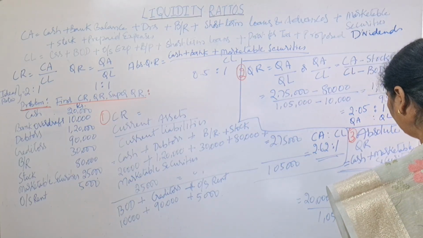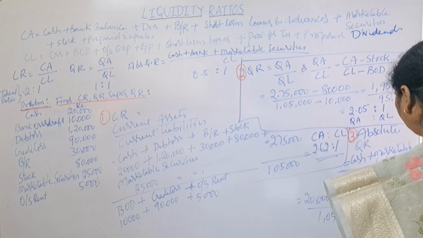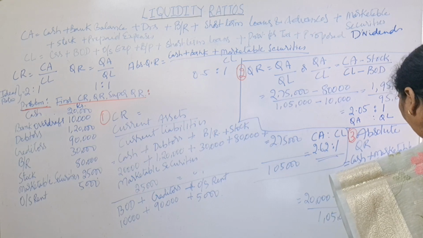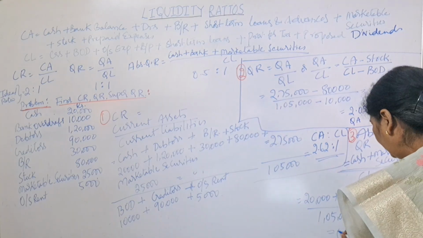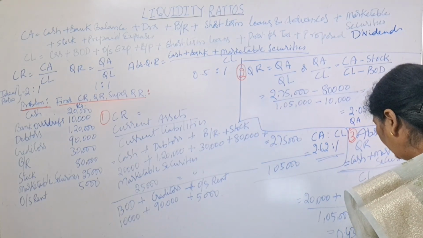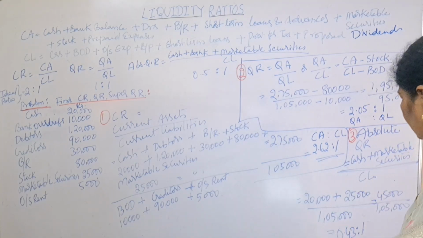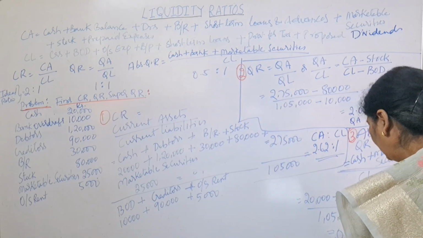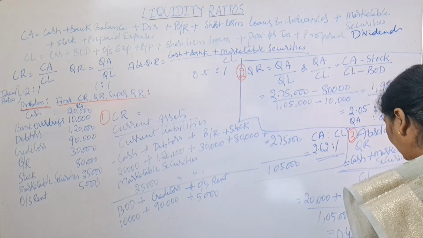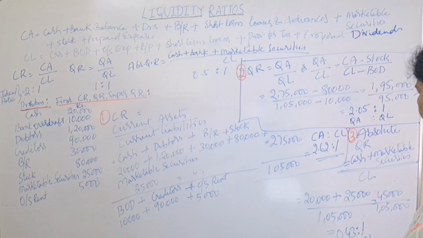So how much did you get? 45,000 divided by 1 lakh 5,000. So you got 0.43 is to 1, means our absolute quick assets are 0.43 and current liabilities are 1.